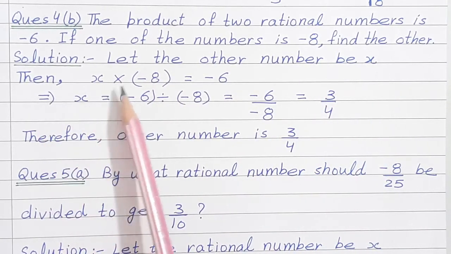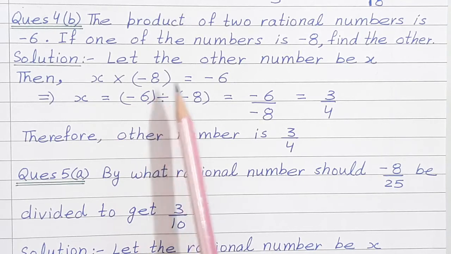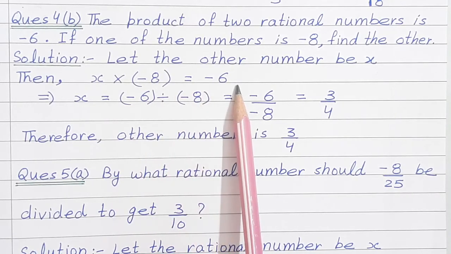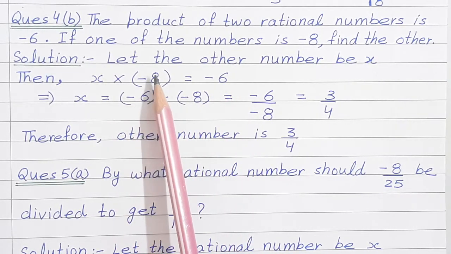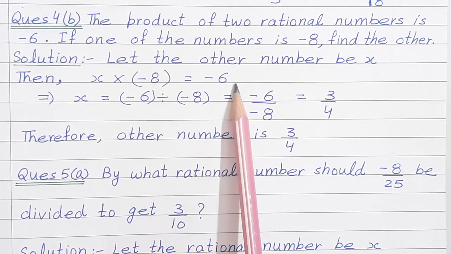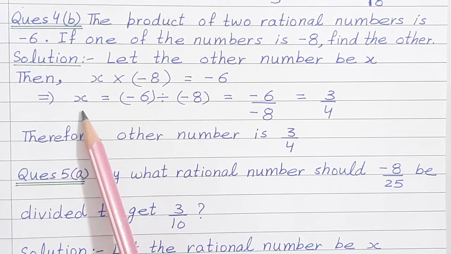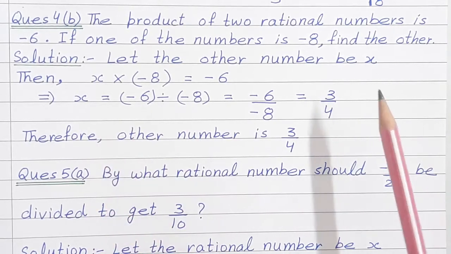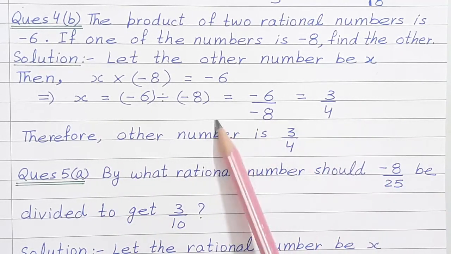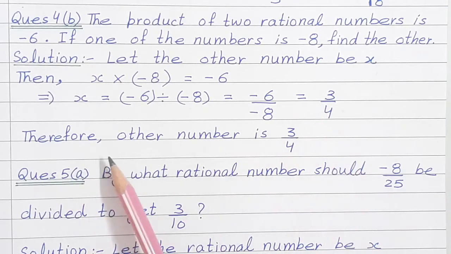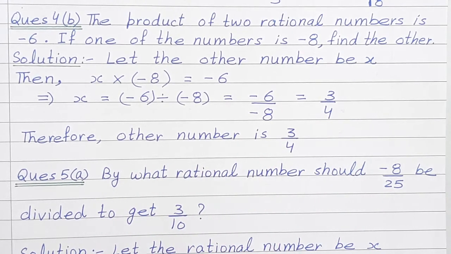Then x into minus 8 is equal to minus 6. So now minus 8 will go to other side and it will get divided. So x is equal to 3 upon 4 after the calculation part. Therefore, the other number is 3 upon 4.